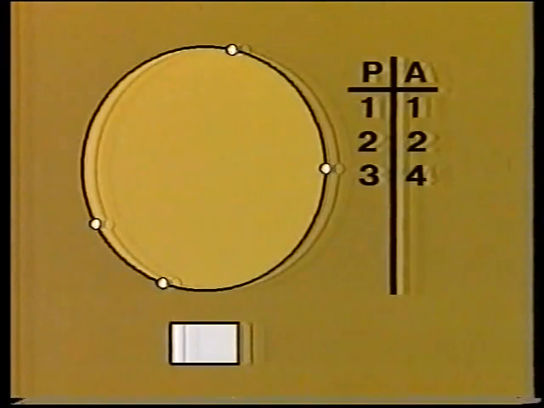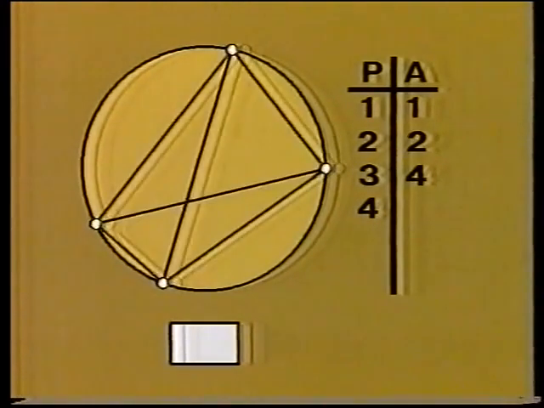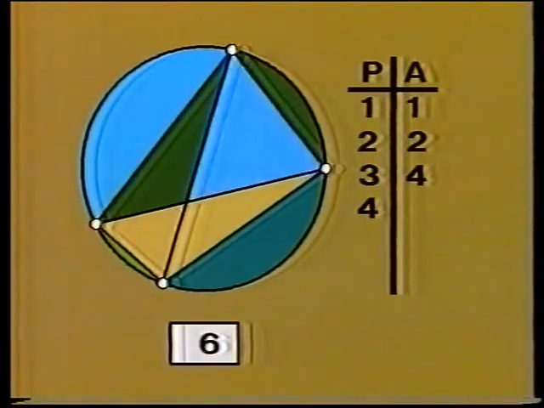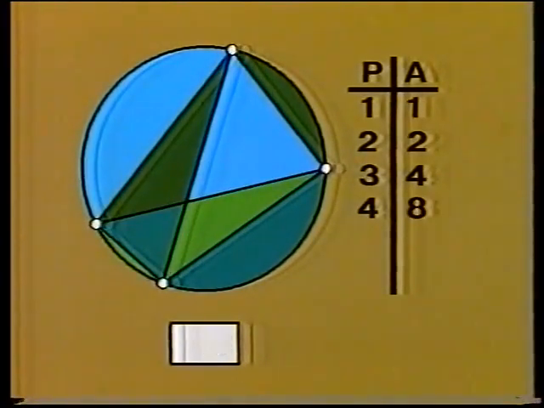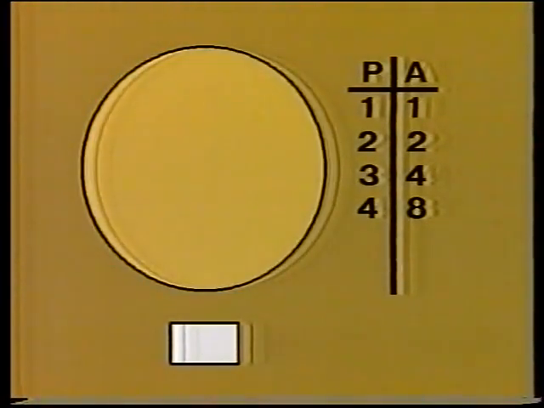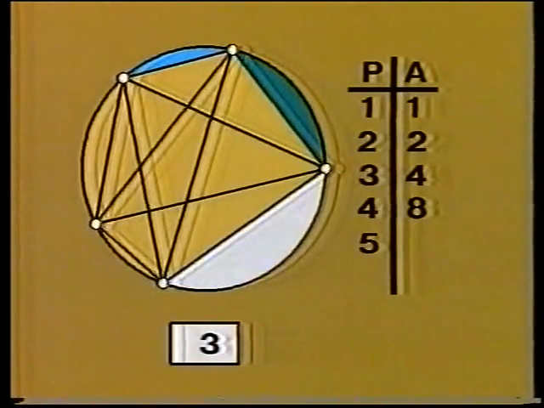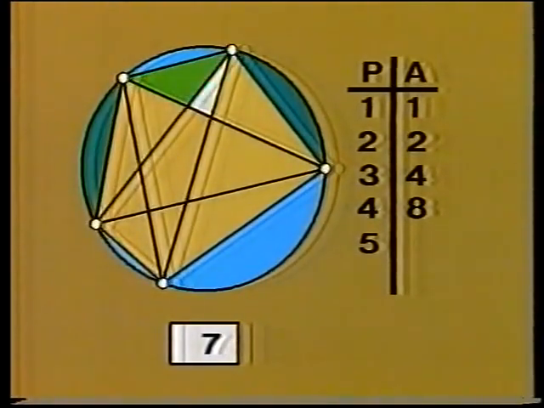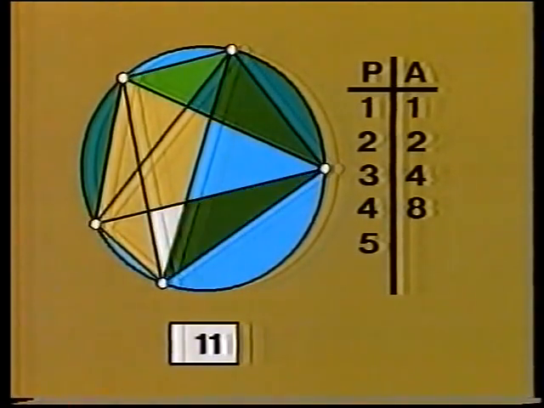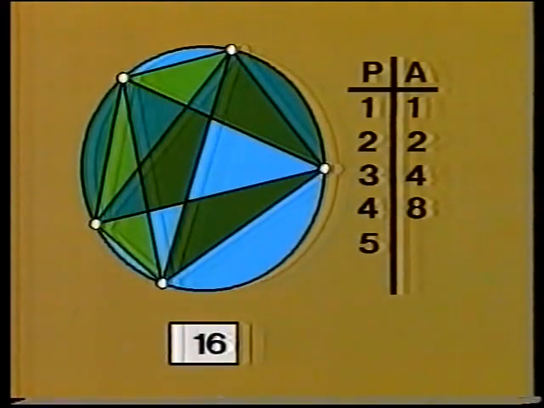With 4 points, I get 8 areas, and I think I can already see a pattern emerging. I guess with 5 points, yes, that's right, I get 16 areas.